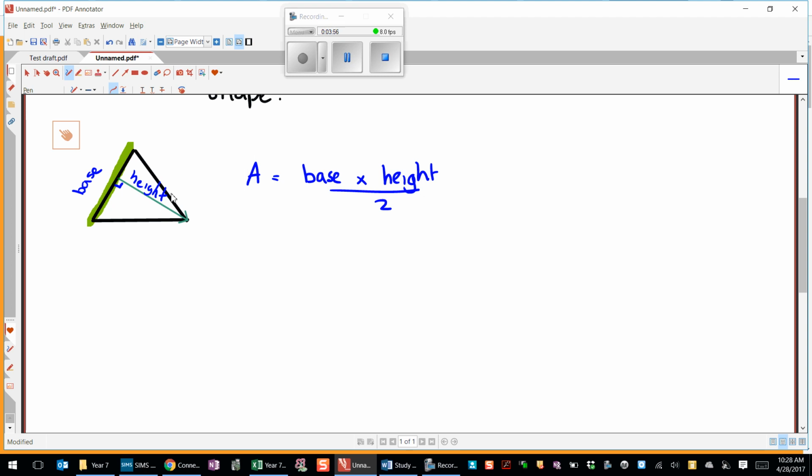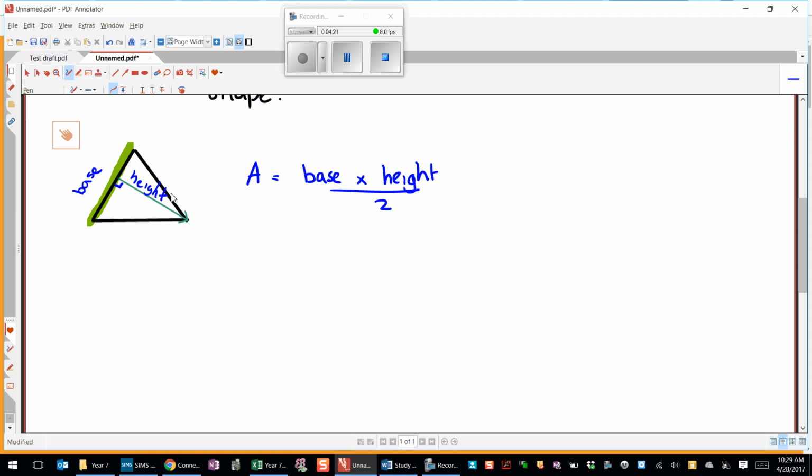Now, why might the base not be the bottom of the triangle? The base could have been any other place in the triangle. And why would it be somewhere else in the triangle, not on the bottom? Because that's what your teacher wrote. It's just a fact.